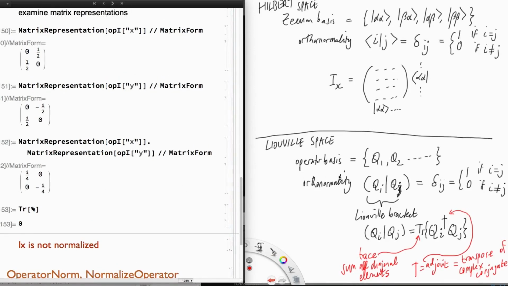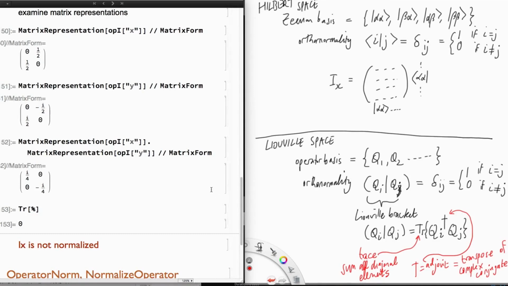So that was one of the properties of Liouville space, that the operators which form Liouville space should be orthogonal to each other. So the Liouville bracket is 0 for different operators. Another property, though, is that the Liouville bracket between the same operator should be 1. That means an operator should be normalized.